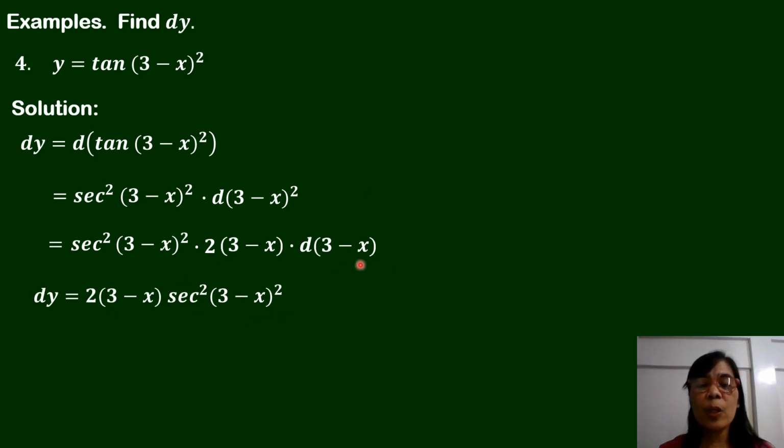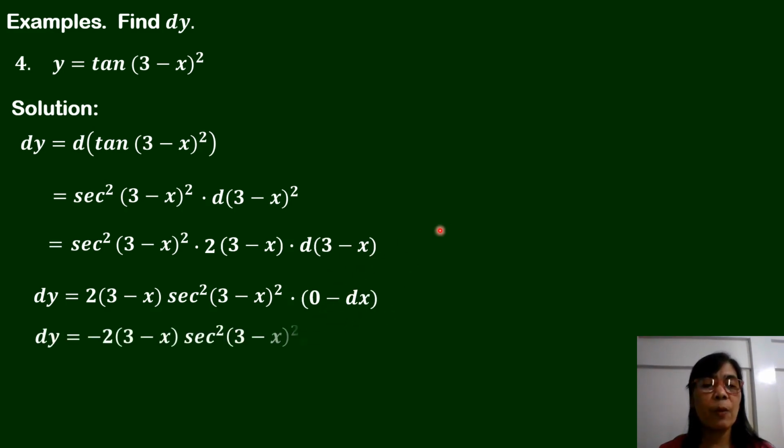Then the function following the operator differential contains two terms, so we find the differential of each term. That gives us the differential of 3, which is 0, minus the differential of x. So we finally have our answer: the differential of y is equal to -2 times 3 minus x times the square of secant 3 minus x quantity squared times the differential of x.